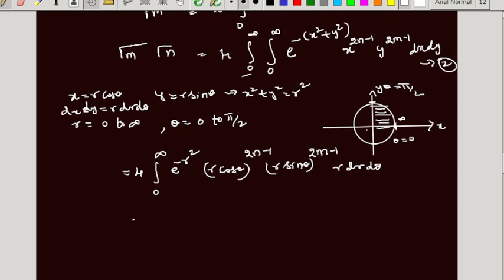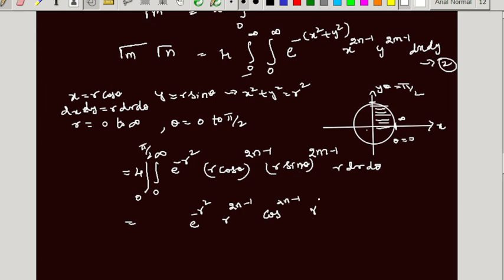So here we split the power. We have the limit theta is 0 to pi by 2. Now we write the r terms on one side and the theta terms on the other side. So e power minus r square, r power 2n minus 1, cos power 2n minus 1 theta.